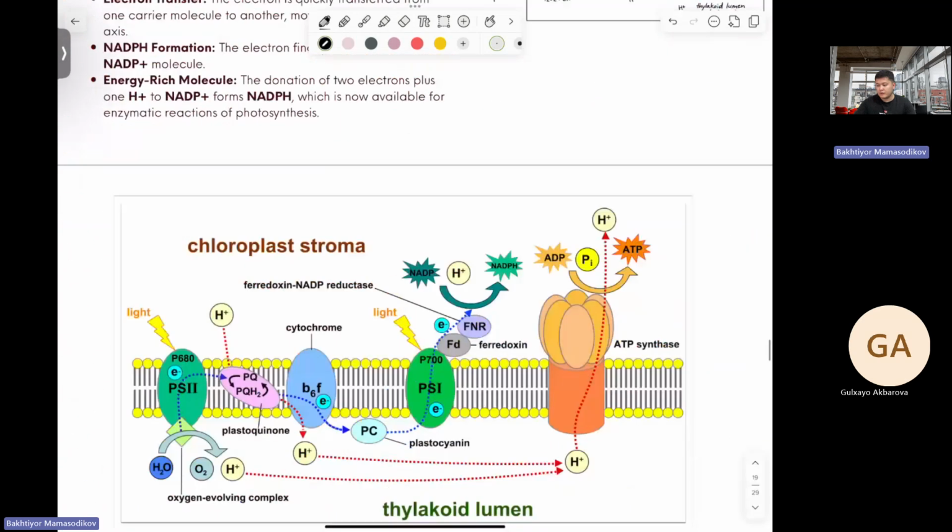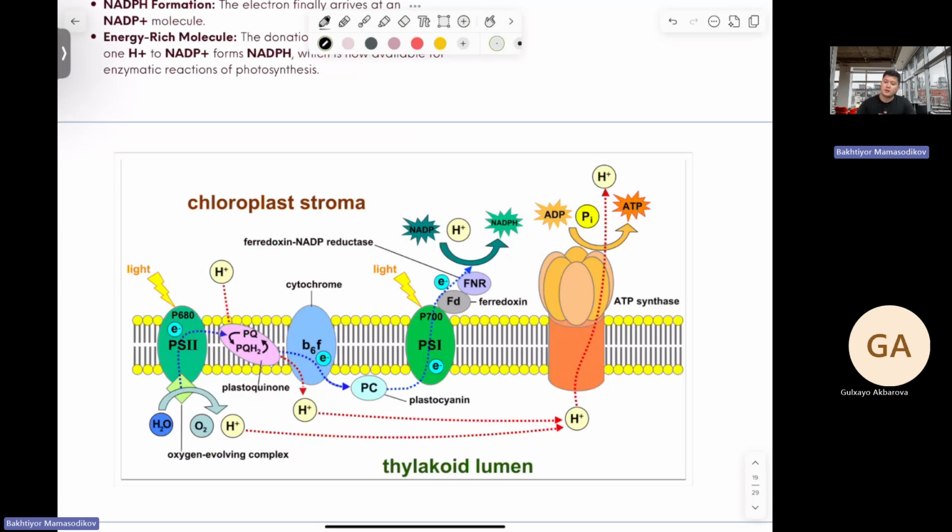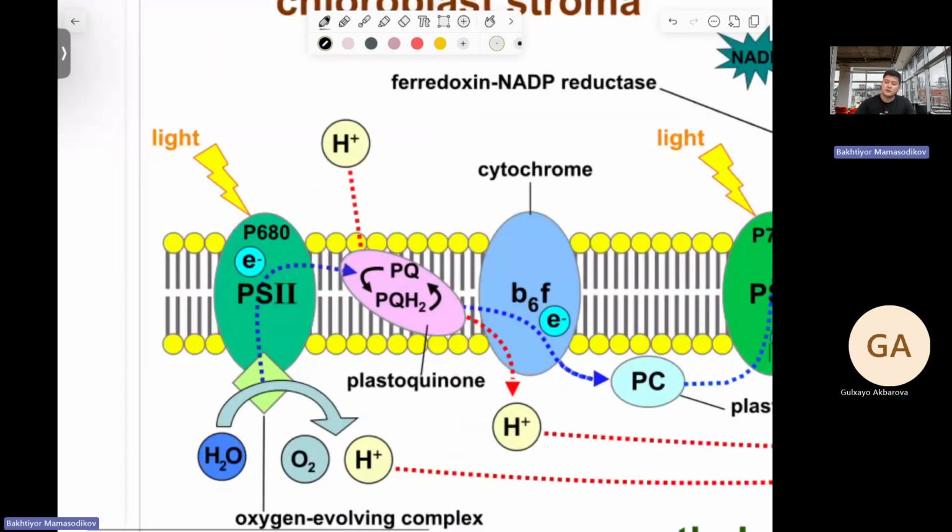So actually we talked about this. We talked about the chloroplast as well, so that is easy. Here, as you can see, photosystem 2 absorbs the light at 680 and starts the electron flow.